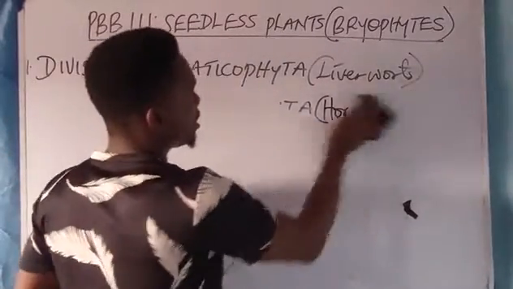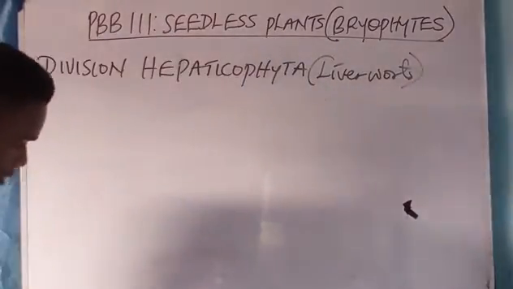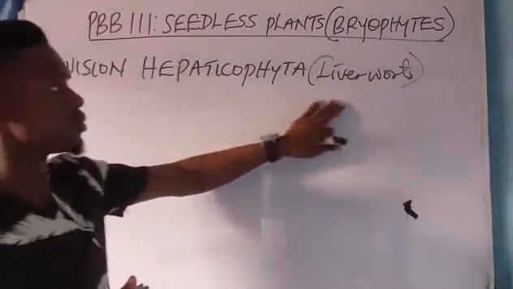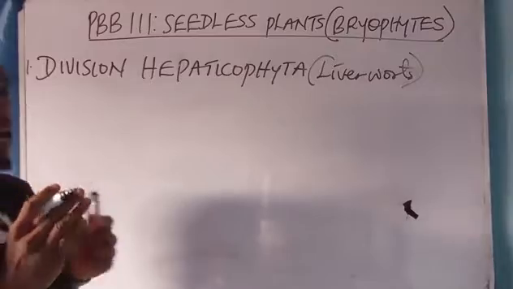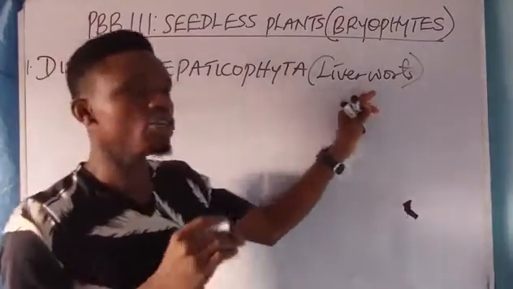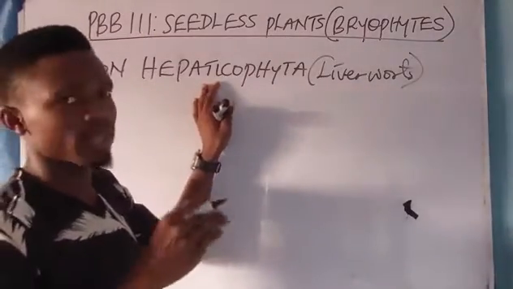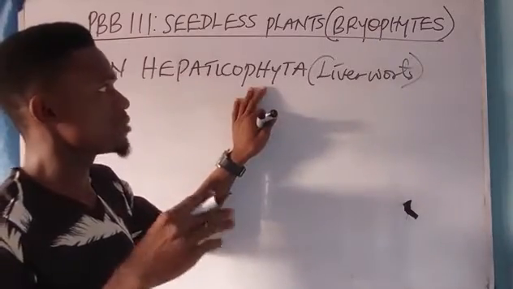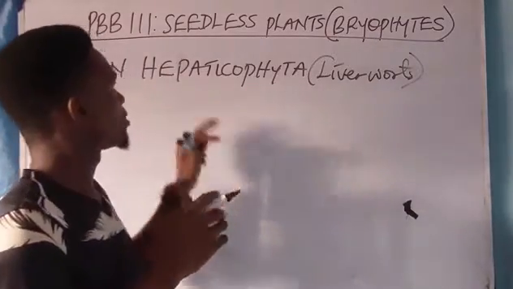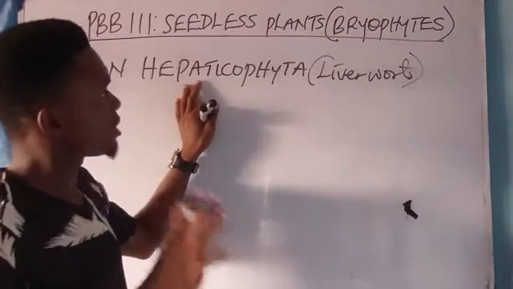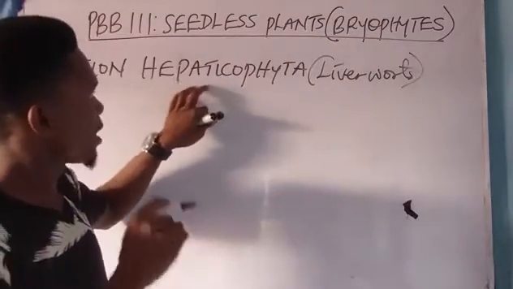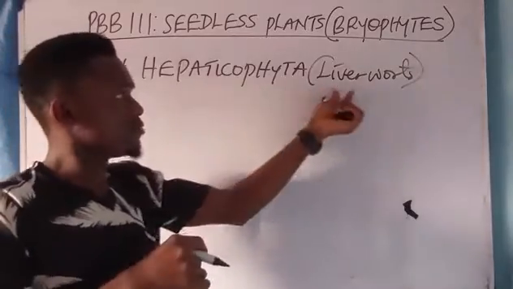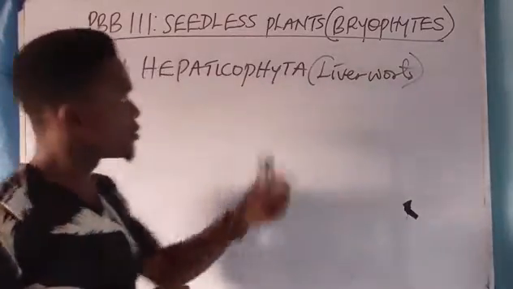The liverworts, like I said, the hepaticophytes are called liverworts because they look like the liver of animals. You know, the so-called hepatic vein, hepatic artery, and hepatic portal vein have to do with the liver. Please take note of that.